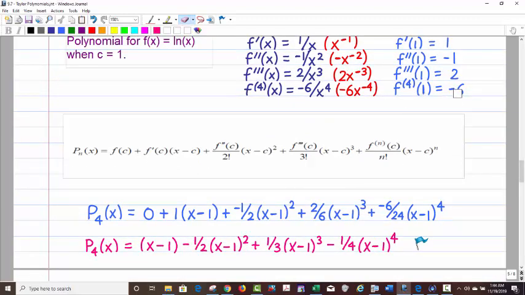And then the fourth derivative is negative 6 over 4 factorial. 4 factorial is 4 times 3 times 2 times 1. So it's negative 6 over 24, and that'll reduce to negative 1/4, x minus 1 to the fourth.